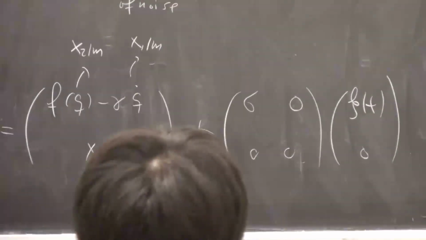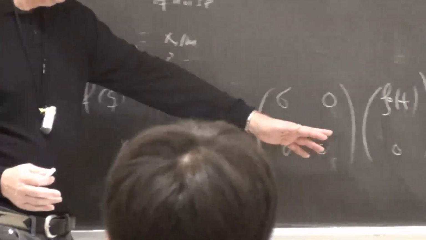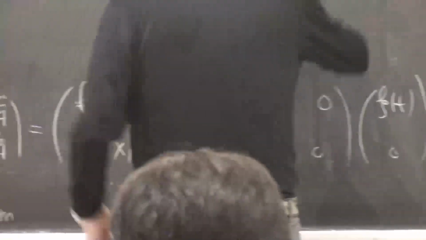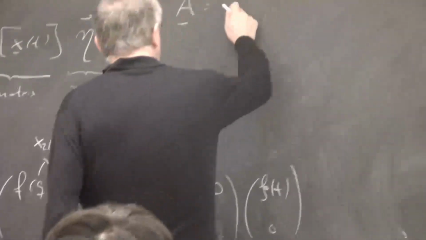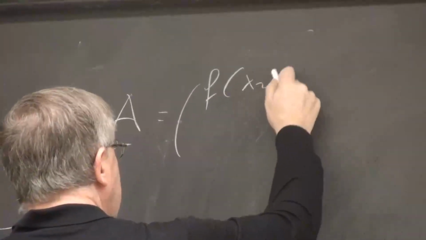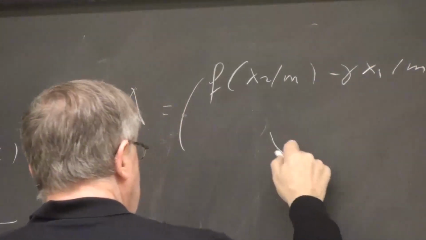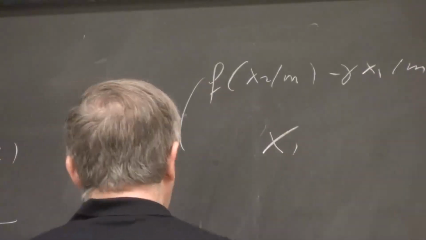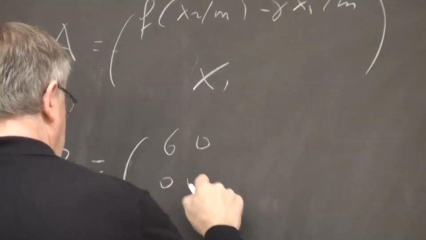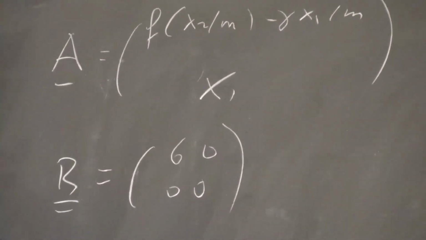And the second one is totally trivial. mq dot is x1, that's how we defined it, and 0, 0, 0, 0. So this we can then compare, and we find that A in this case is equal to f of x2 over m minus gamma x1 over m, and the second component is x1. That's our A, and our B is the matrix sigma 0, 0, 0. So this is how it works.